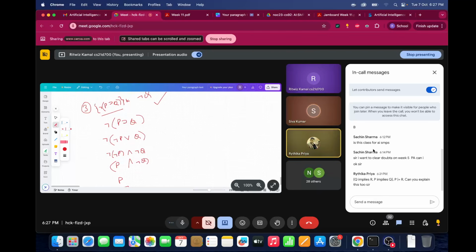No doubt, sir. But P is not leading to not Q. At the end we end up with two logics, P and not Q, right? So not Q leads to not Q is okay, but P never leads to not Q, right? Yeah.